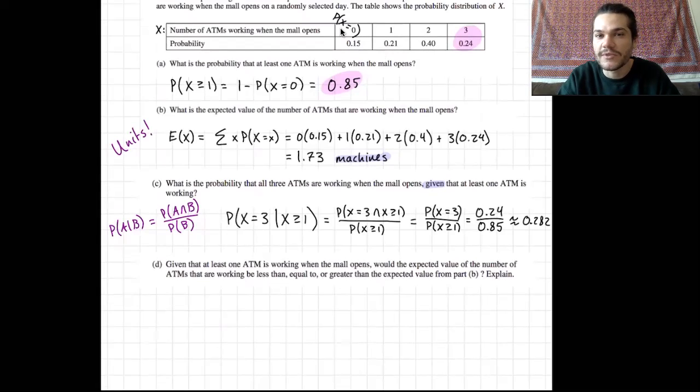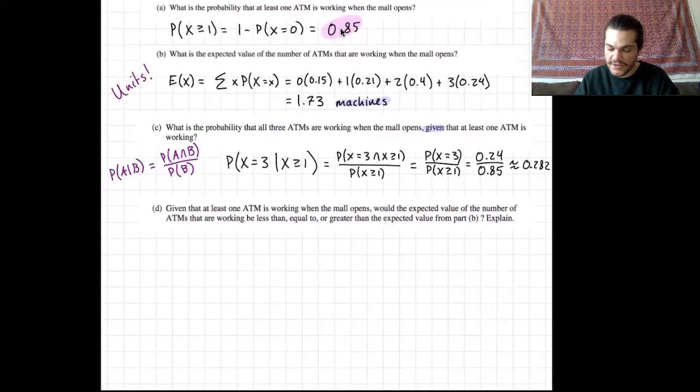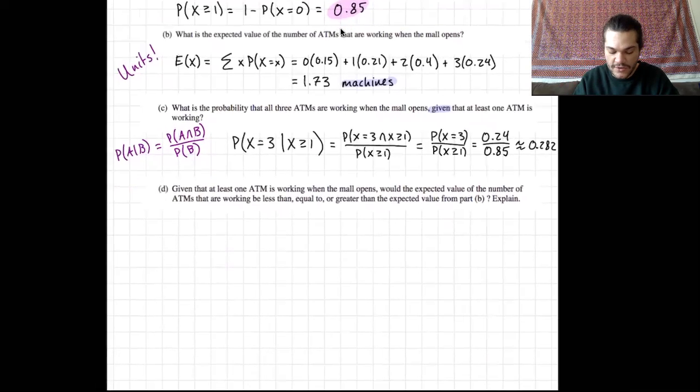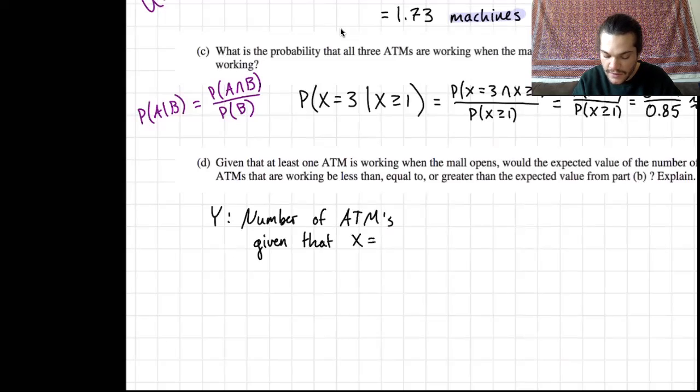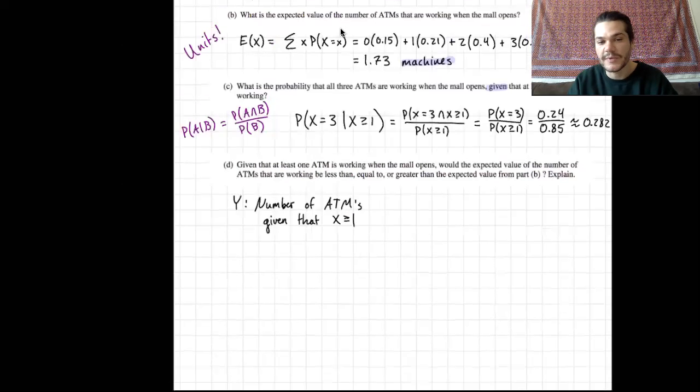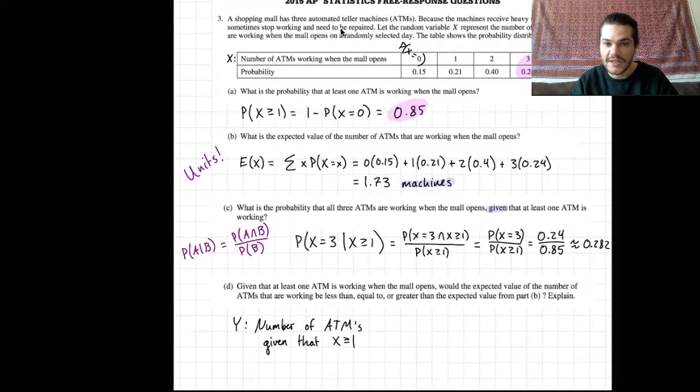And what I want to do is really dig into this more than just what they're asking, and define a new variable y to be the number of ATMs open given that there's at least one open. So I'm going to say the number of ATMs given, which is the important word, that x is greater than or equal to 1. So let's create this probability distribution, just like they did up here.